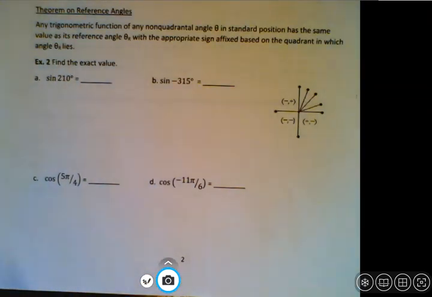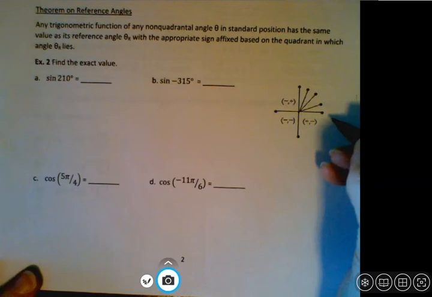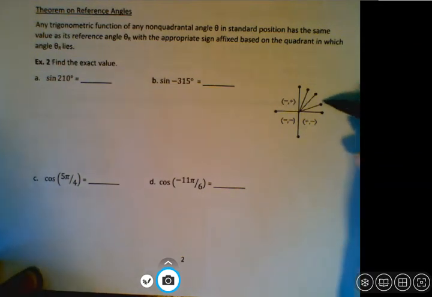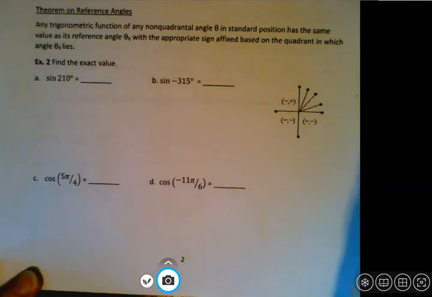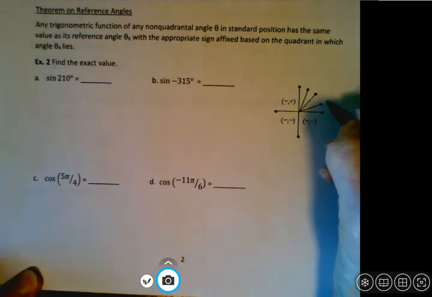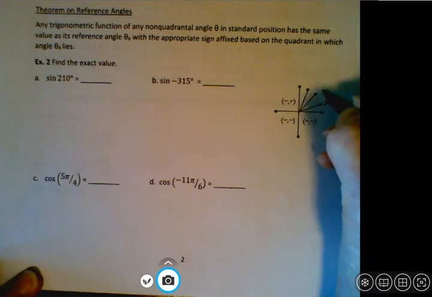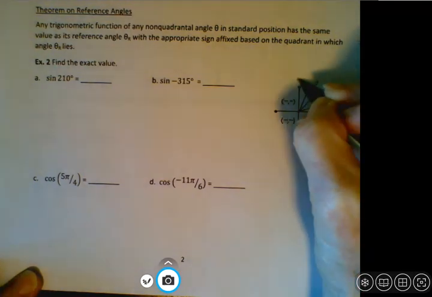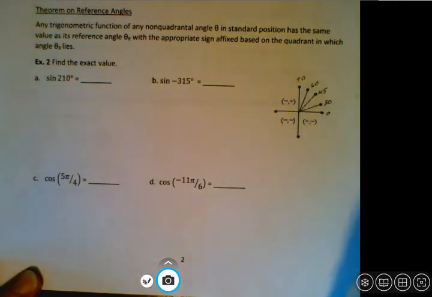So, let's see what they mean by that. Find the exact value, it says. And I've got this little diagram over here that we can use to help us because it's kind of marked off those key places on the unit circle. So we know we have our 30-degree mark, our 45-degree mark, and our 60-degree. Of course, this is 90, and this is 0.